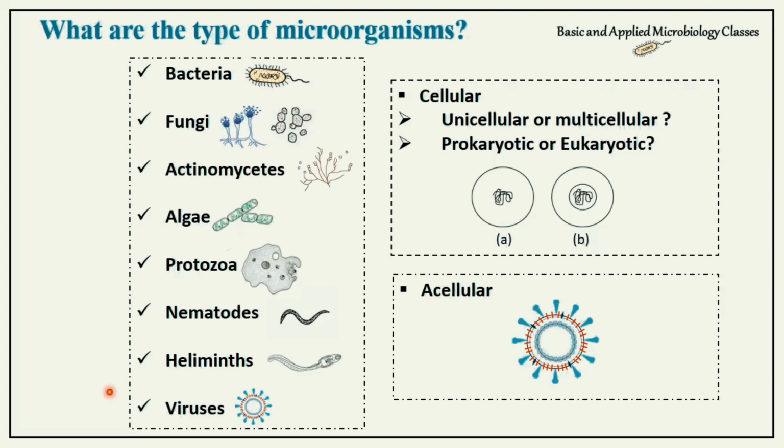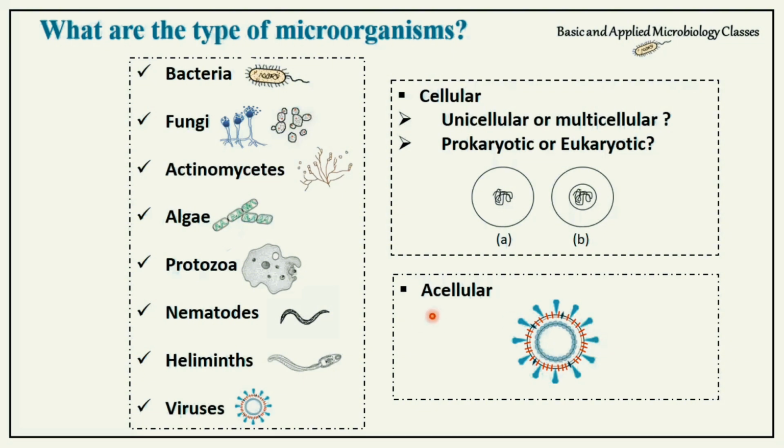Now we are again coming to this list. You should know which of these microbial groups are cellular. Starting from bacteria to helminths, these all are cellular. And when we talk about viruses, only viruses in this list are an acellular group. Why do we say viruses are acellular? Because viruses do not have any distinguished cell wall and cell membrane.